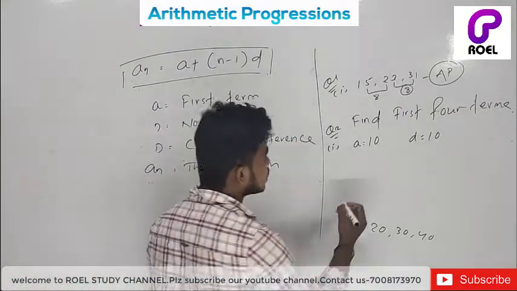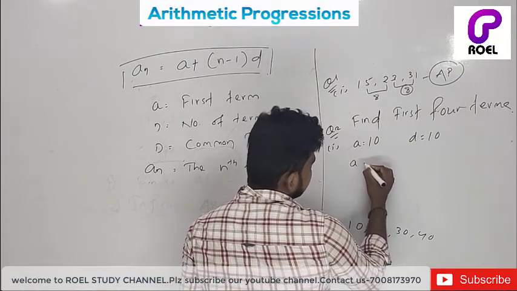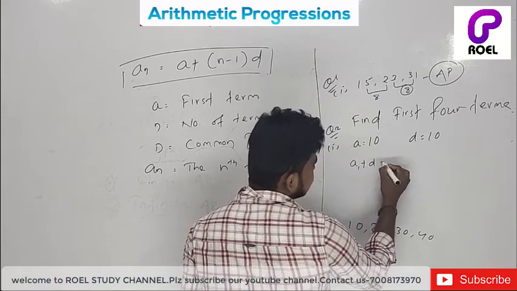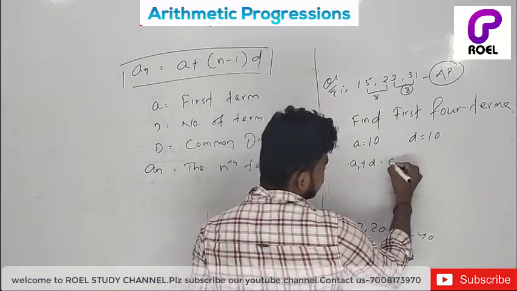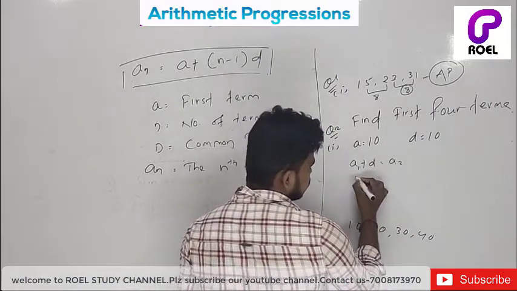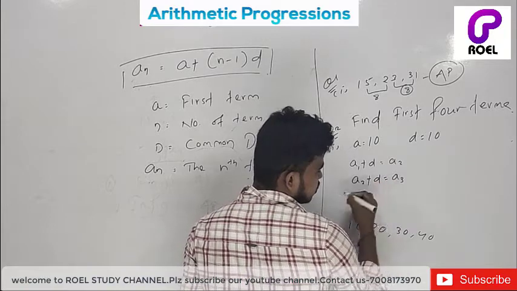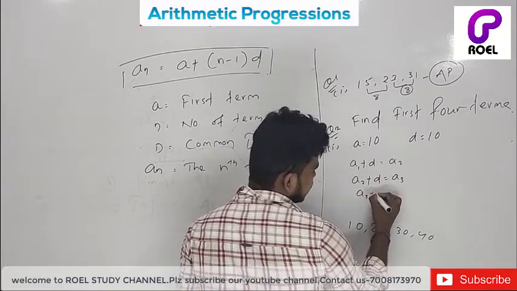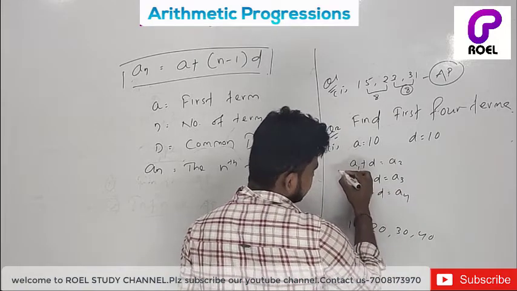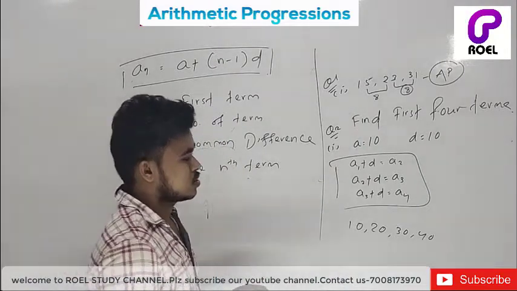We know that A1 plus D is equal to A2, that is term 2. Again A2 plus D is equal to A3. A3 plus D is equal to A4. Okay, like this we can solve the question.